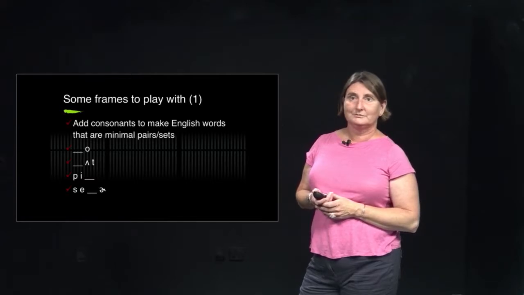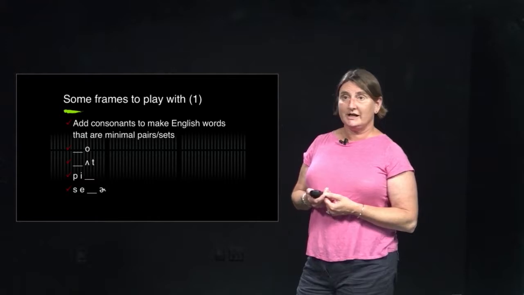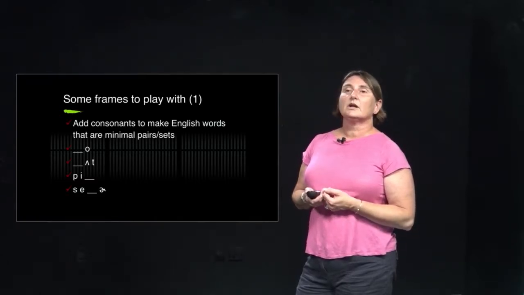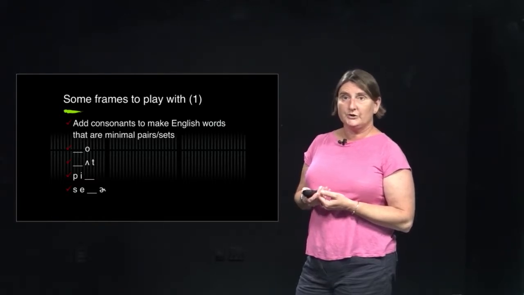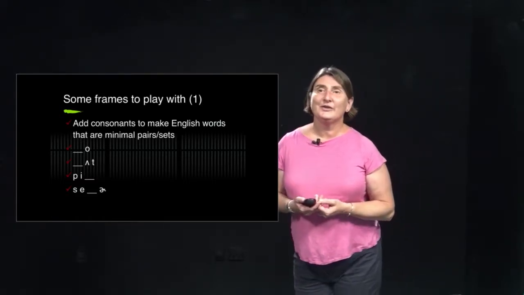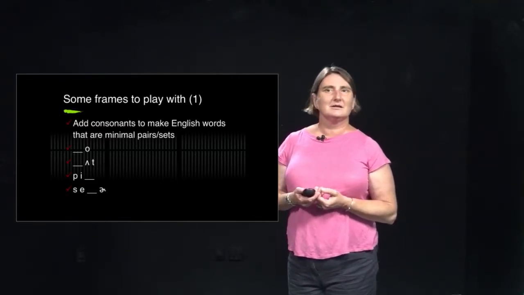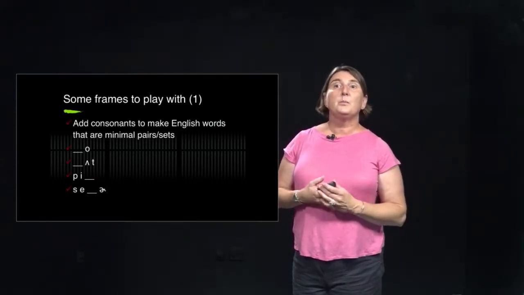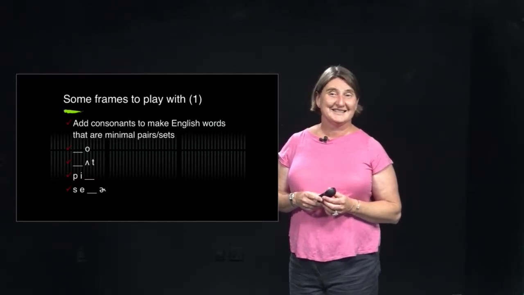For example, bow, B-O-W, dough, D-O-U-G-H, low, L-O-W, sew, S-E-W, row, R-O-W, know, K-N-O-W. So not only is this fun, it shows you that, again, the spelling could be quite wide-ranging, but the pronunciation, and therefore the symbol we use, could be quite consistent.